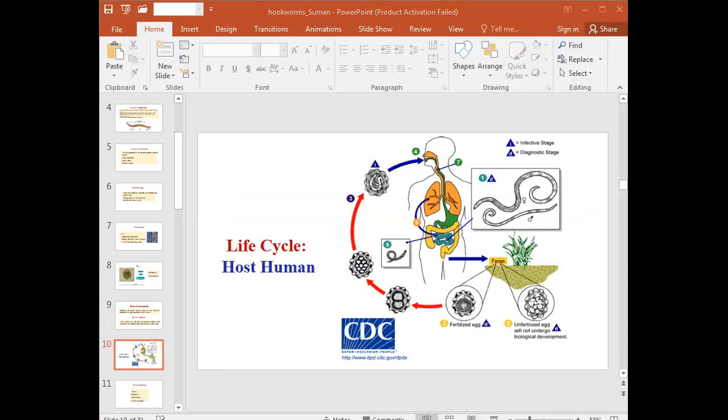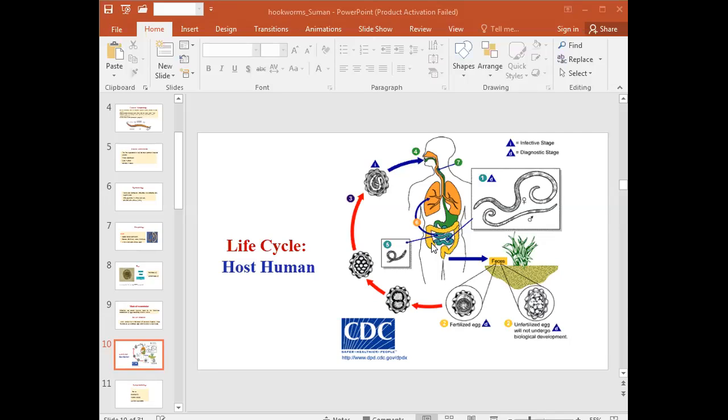Of Ascaris lumbricoides. So here you're seeing that the adult worm lives in the lumen of the small intestine of humans, and the female may produce up to 2.5 lakh eggs per day, which are passed through the feces, and the fertilized egg embryonates and becomes infective after 18 days to several weeks, depending on the environmental conditions.